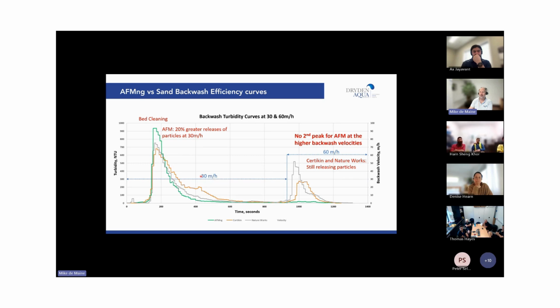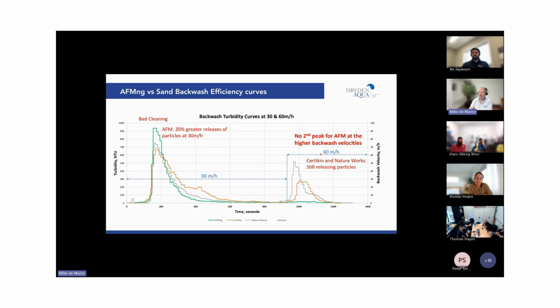This is 30 meters per hour. Unfortunately, our meter at this point doesn't peter out, but the max was 950. We now have a 2000 NTU turbidity meter, so it shows way bigger spikes. But the important thing here is at 30 meters per hour. And then if we ramp that up, so here at the end of the day, it petered out to be releasing no more dirt.